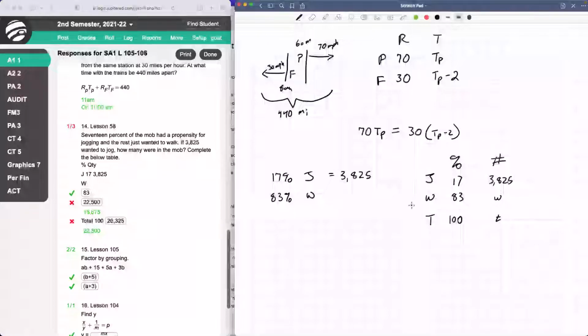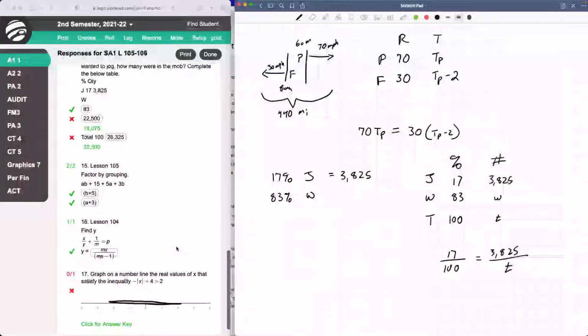So all we need to do is ignore the walkers, right, and put 17 over 100 equals 3,825 over T. And we would find the answer to T when we cross multiply and solve for T. Then we could subtract 3,825 from the total to find out how many walkers we had. All right, easy peasy for that one.